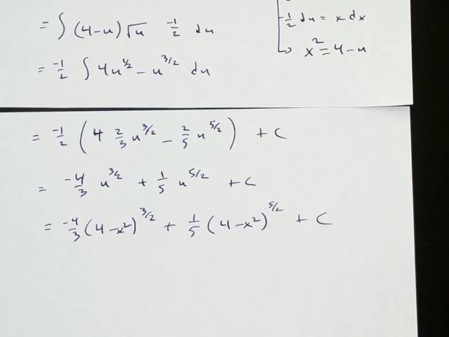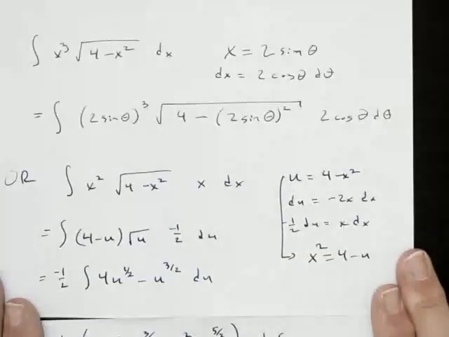Questions? For the record, if you did it this way, you would get the exact same answer. It would be about 3 or 4 times as much work, but you'd get the exact same answer.